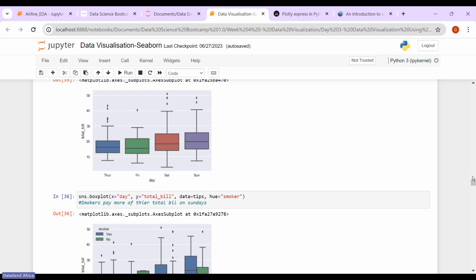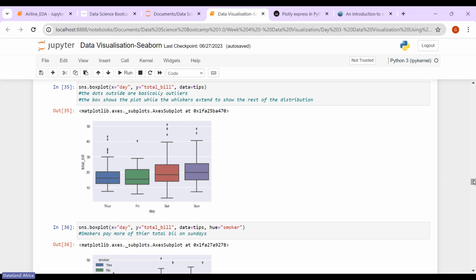And what the box and whisker plot does is that after plotting, like here we are plotting the day that they ate their food compared to the bills spent, you can see that the lower bound here is telling you that this is the lowest value in that bill among the people that ate on Thursday.